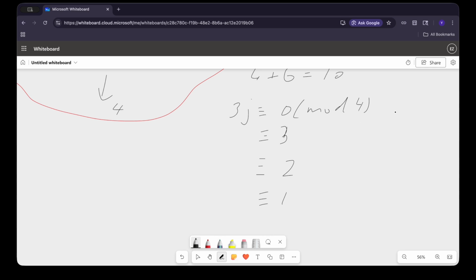And matching up with 2j, which is 0 for even and 2 for odd, we see the only one that meets our requirement is 2, 0, this pair. Since the other pairs don't match.